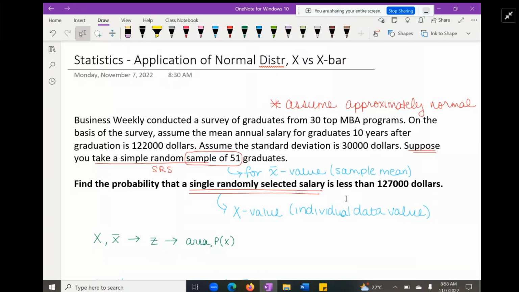The only thing I would say is that when they first introduced this survey Business Weekly did, the survey size was 30. When you think about the central limit theorem, hopefully by this time you've covered this concept, the size of the sample allows there to be an approximation for it to be normal. So we're able to approximate it as normal.